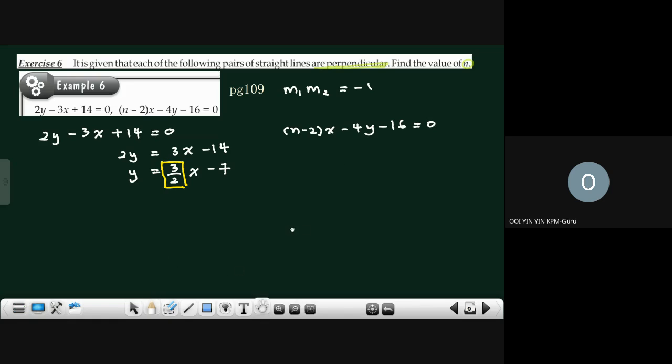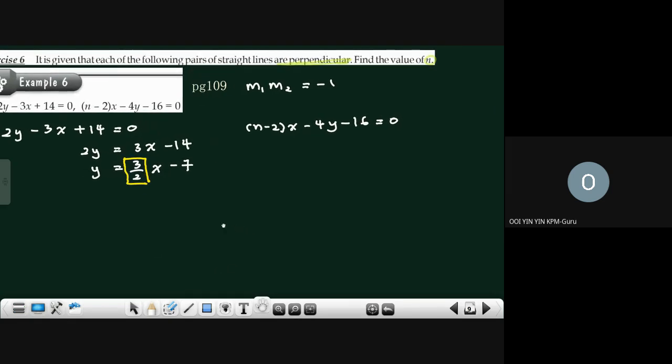Actually, I prefer to do it this way. You have negative 4y here, and then the n minus 2 x moves to this side, becoming negative (n minus 2) x. Negative 16 becomes positive 16 when moved here. Then we divide all this by negative 4, because you don't want the negative 4.